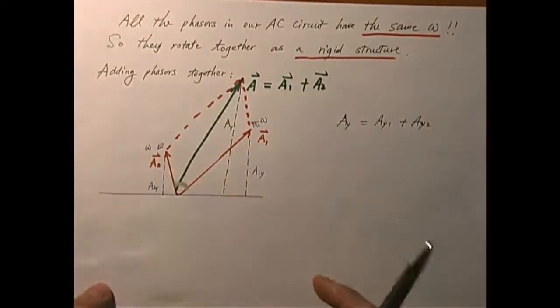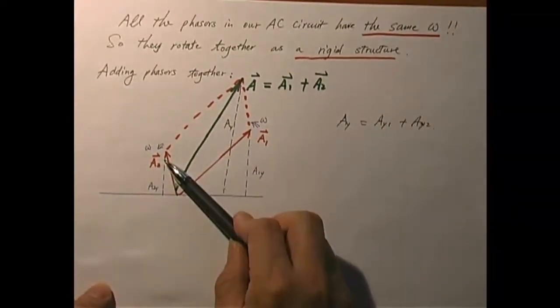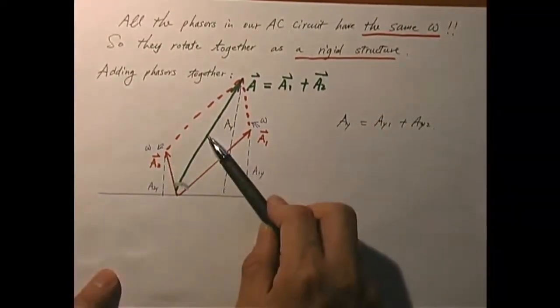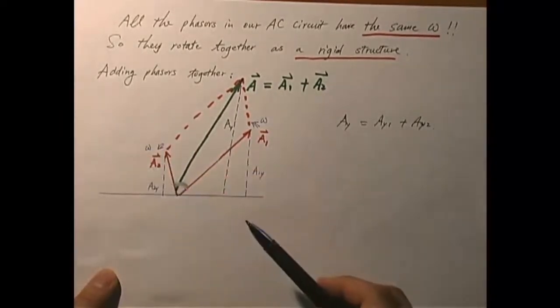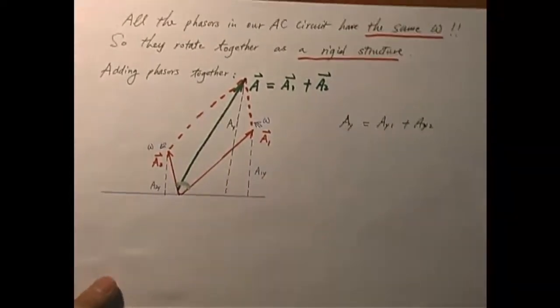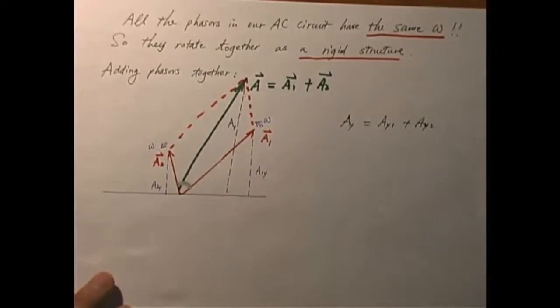It's a rigid structure. Both of these vectors along with the resultant vector will turn, but they turn at the same rate, and therefore the angle between them will never change. Alright, so that is the idea. I'm going to define a phasor in association with each of these quantities, such as the current, VR, VC, VL, and so on.